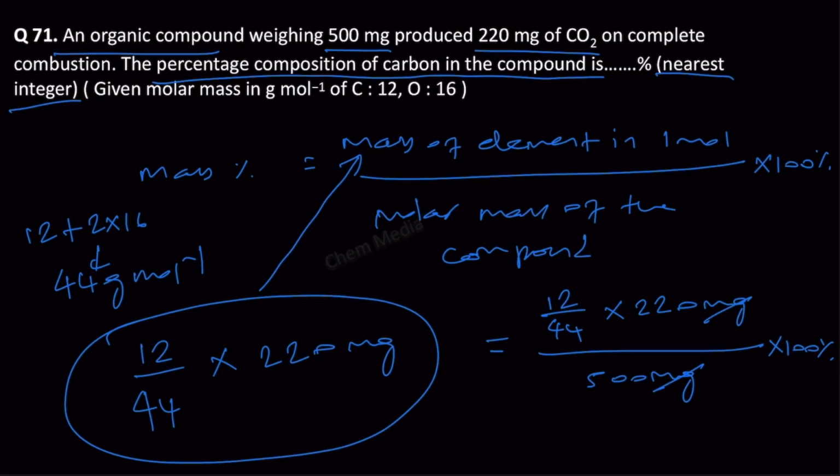Milligram we can cancel, 20 we can cancel, 44 we can cancel, therefore this is 12%, therefore 12 is the correct answer here.